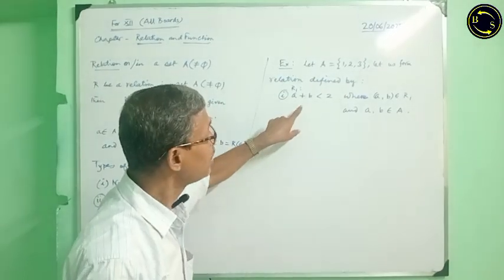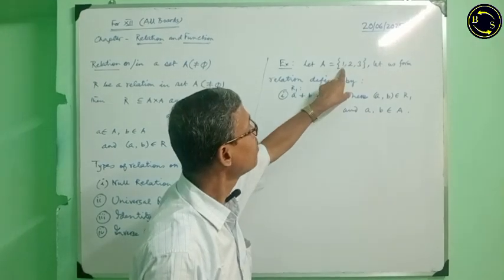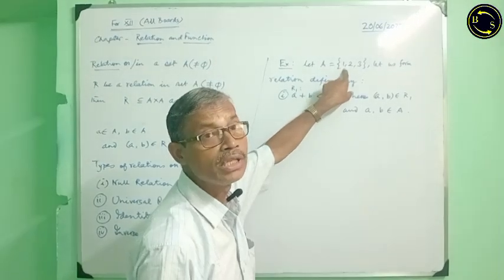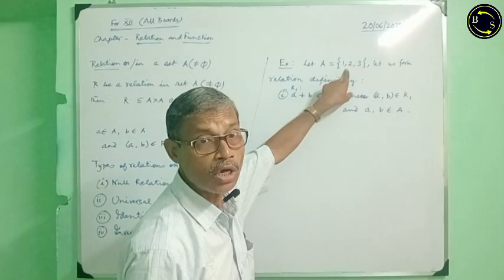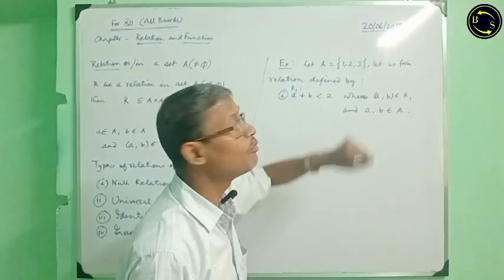Now let us illustrate. The list member of set A is 1. Therefore, if we consider A, B both 1, then the sum will be 2.